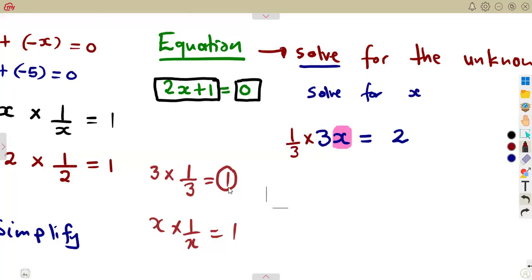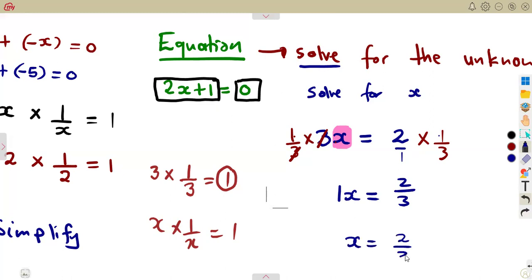But remember, whatever you do here must also be done on the other side of the equation. You multiplied by 1 over 3, you must also multiply the other side by 1 over 3. So 1 over 3 times a 3 is back to the multiplicative inverse, which gives us a 1. So 1x is equal to 2 times 1 over 3, which is the same as 2 over 3.